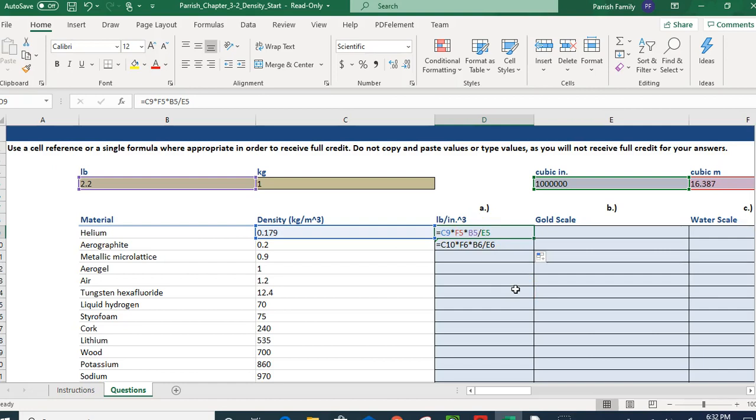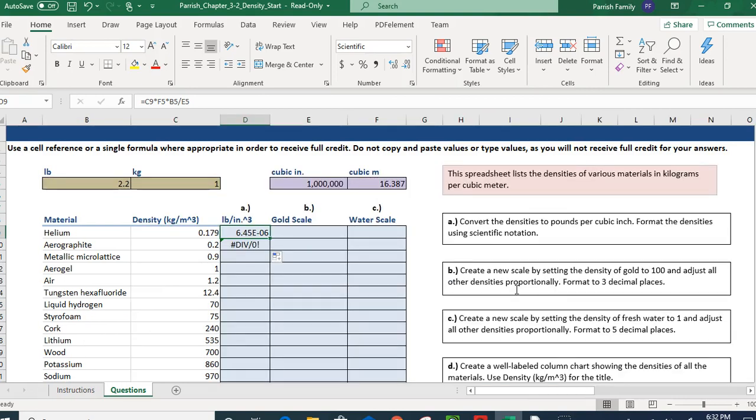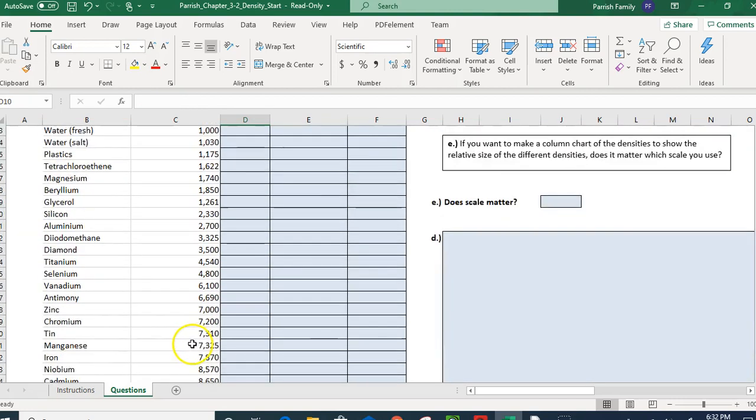Okay, so part B says, create a new scale by setting the density of gold equal to 100 and adjust all of the other densities proportionally, and then format it to 3 decimal places. So here's what they're asking you to do for this. Gold is way down here.